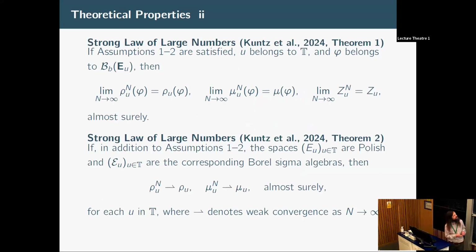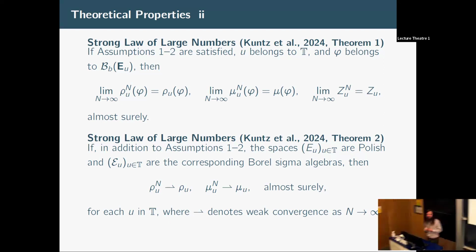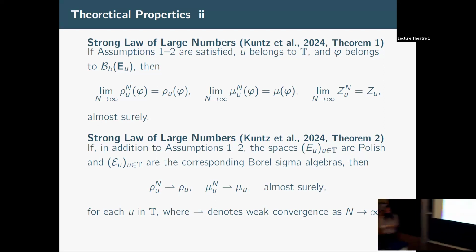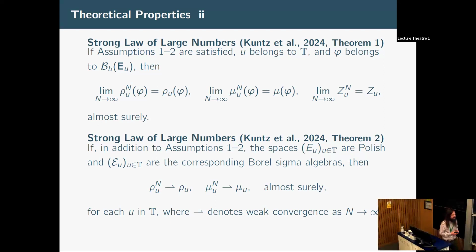And of course, you can use the standard kind of Markov or Cantelli kind of argument to involve almost sure convergence, should you wish to. And if the spaces are Polish, you can then use the standard countable determining class kind of machinery to say that the empirical measures are going to converge weakly. So I think it's quite useful to think of this as being a method for approximating the measures themselves rather than integrals per se, because doing things recursively, you want to know the approximation of the distribution in a fairly general sense.